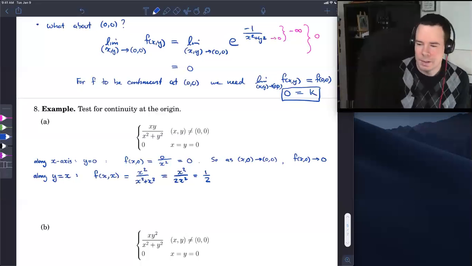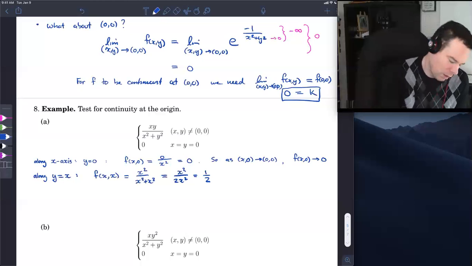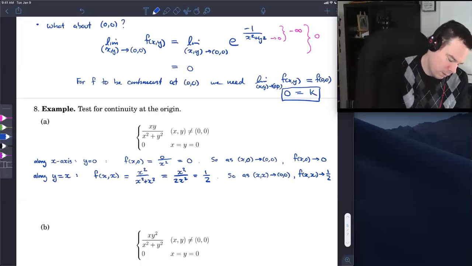That tells me that if I come along a direction that's not the x-axis, but a different direction, along the y equals x direction, my function value is a half. So as (x, x) goes to (0, 0), f of (x, x) goes to a half.